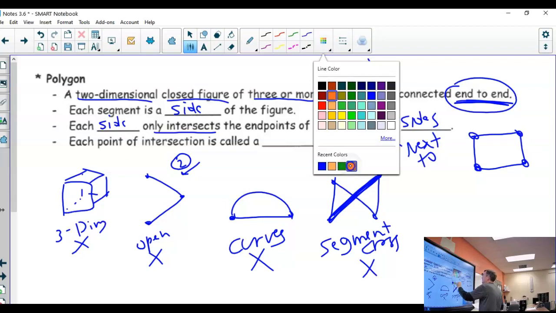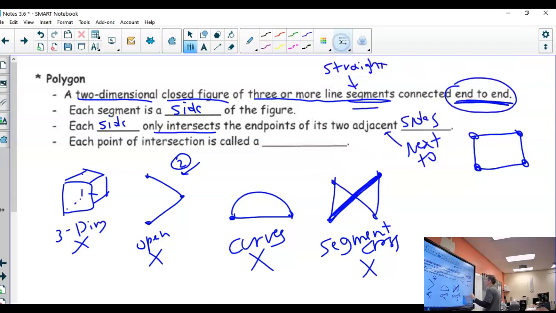So you can see in my figure over here that each side is connected to 2 sides. The top of this is connected to this side and to this side, the adjacent sides, at its endpoints. And each point of intersection is called a vertex. So the point right here is called a vertex.